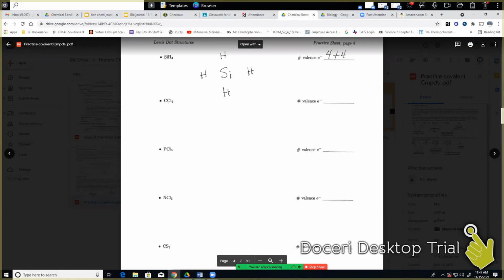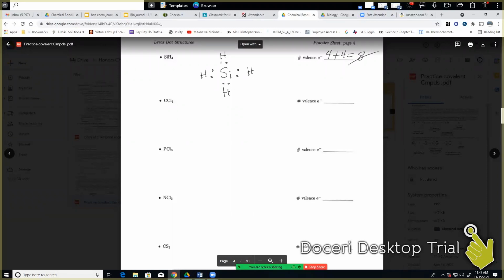Each hydrogen has 1, so that gives me a total of 8. My next step is to put a single bond between each central atom and terminal atom. So there we go: 2, 4, 6, 8. That's all the electrons I have to work with.